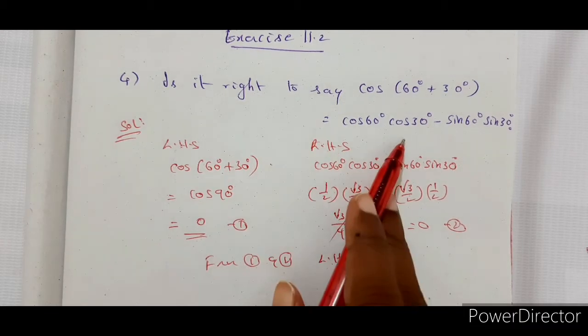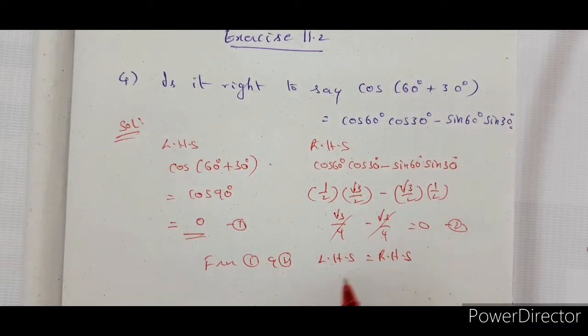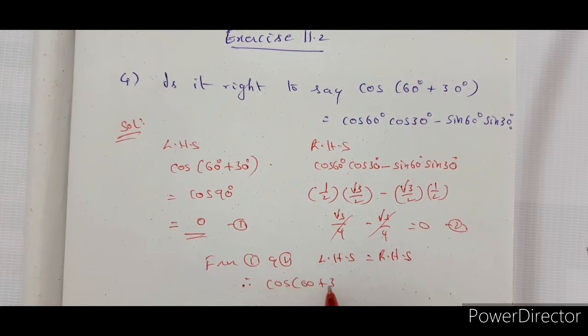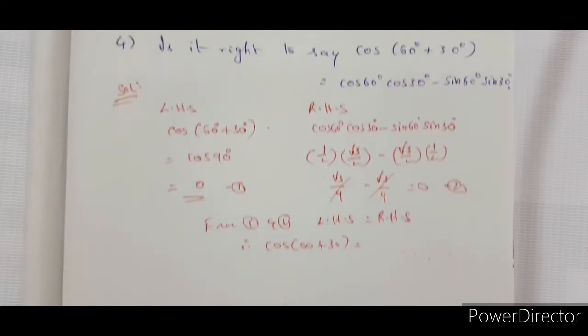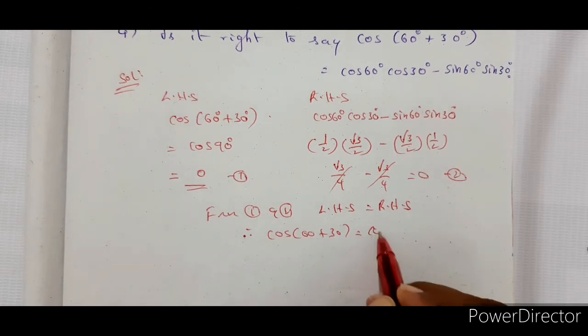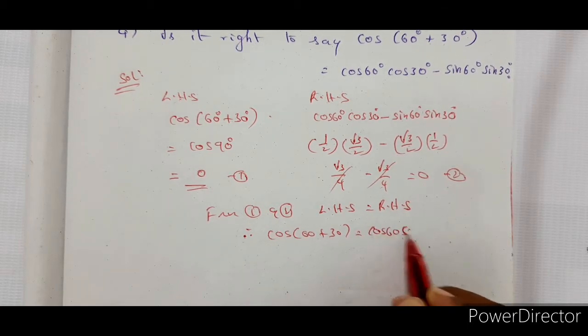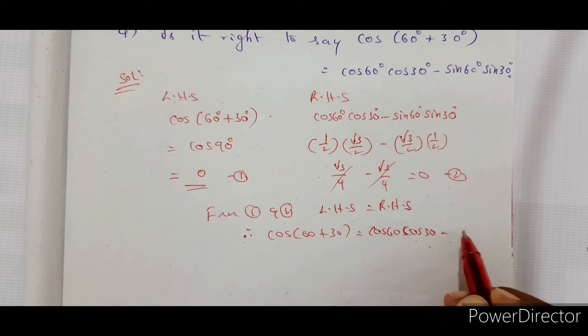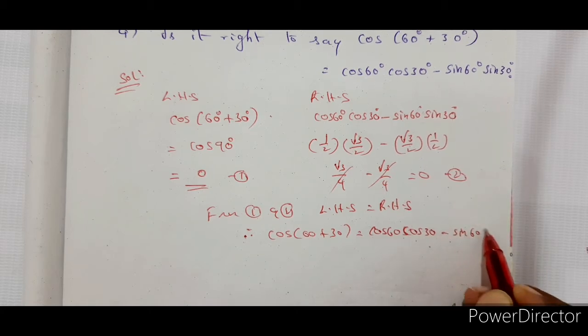Therefore we can say that cos 60 plus 30 is equal to cos 60 cos 30 minus sin 60 sin 30.